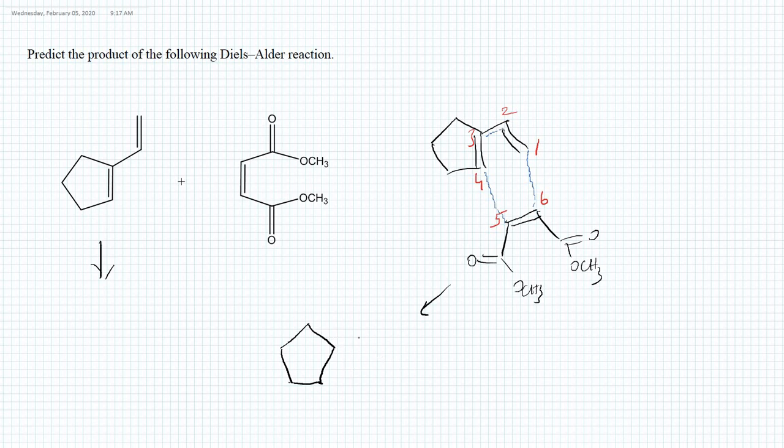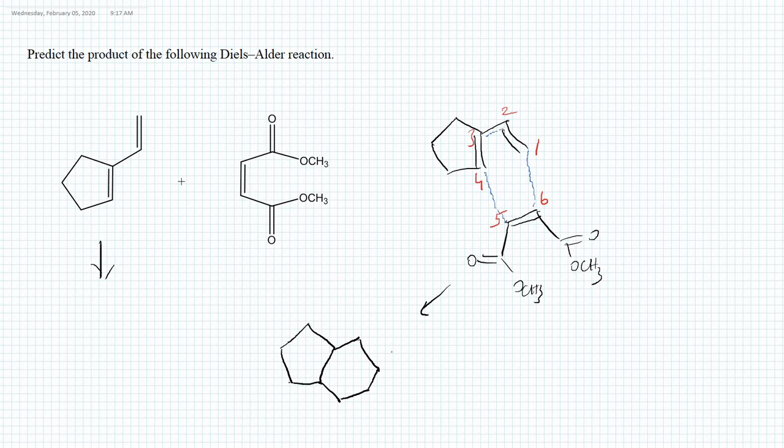So let's write these new sigma bonds. So it's going to be this one, and this one. And let's number again so that we will not lose track.